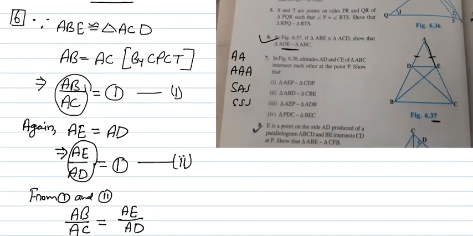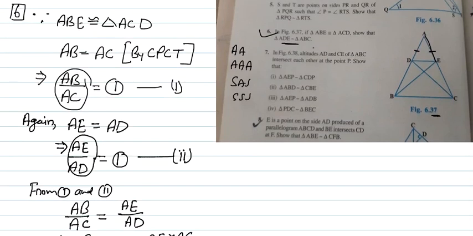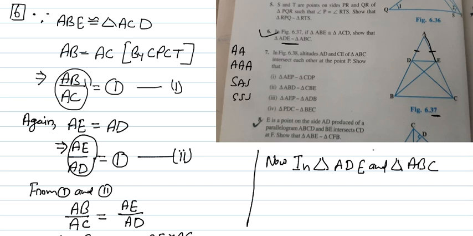Now it's very simple to prove how triangle ADE is similar to ABC. So I am taking some space here. Now in triangle ADE and triangle ABC, look at this.